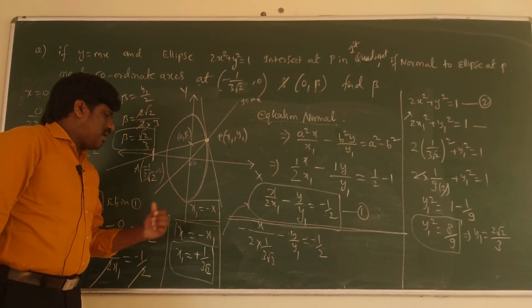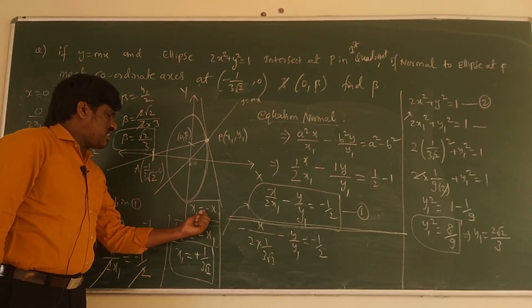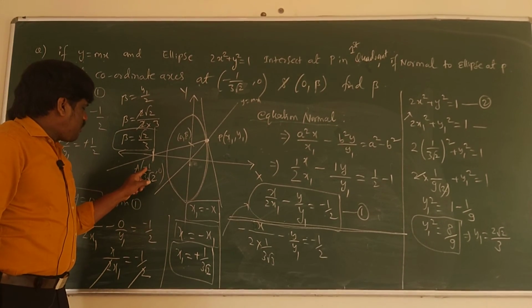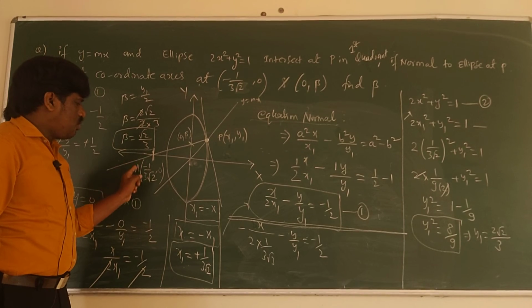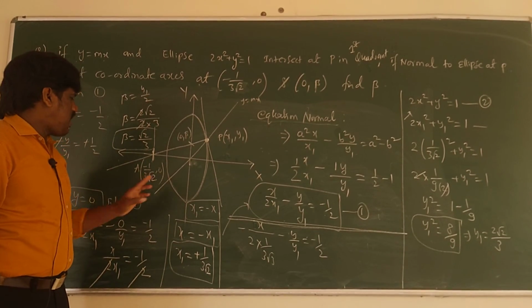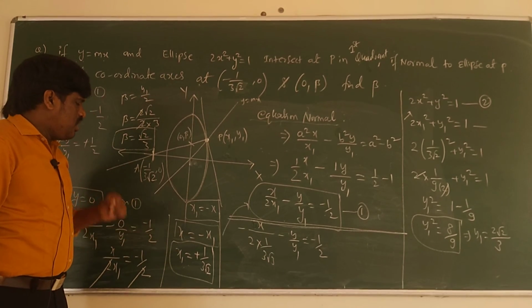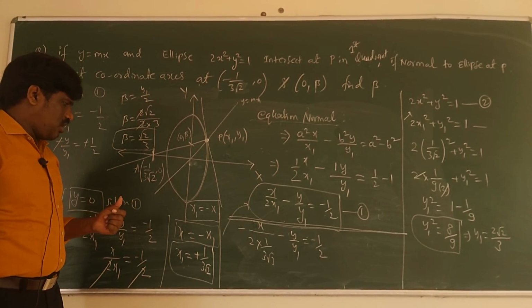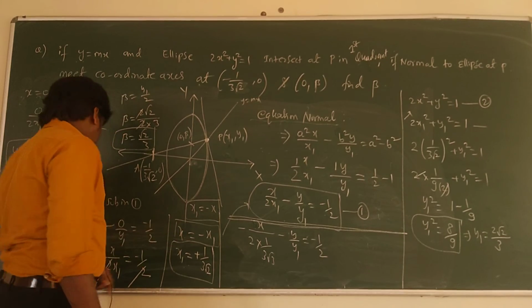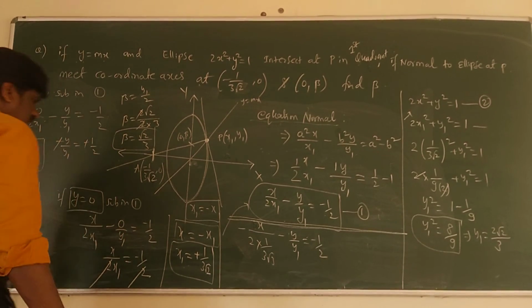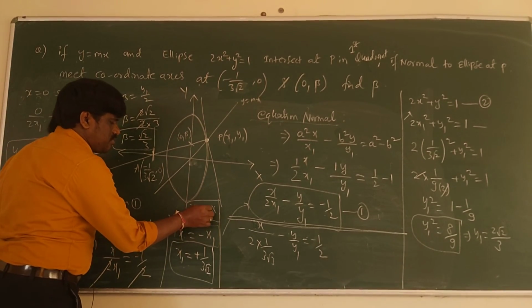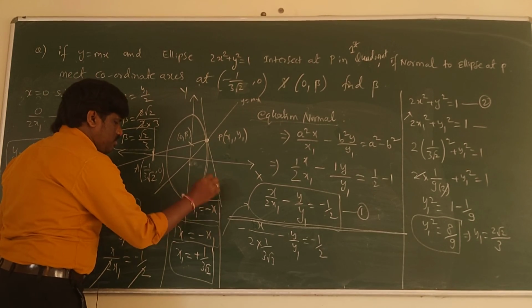So therefore I got x1 is equal to 1 by 3 root 2. So x is equal to minus x1 relation I got. So x1 value we got, minus 1 upon 3 root 2. x1 value is 1 upon 3 root 2, because here I can directly substitute, right? x is not required. x1 is equal to minus x.